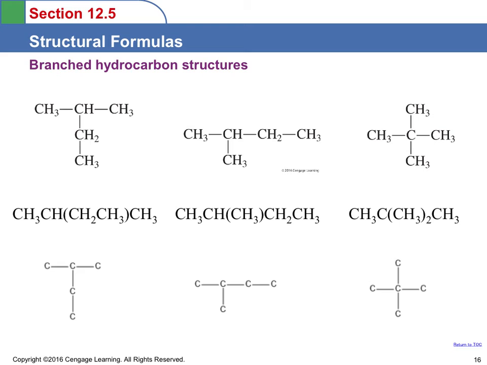In all of the examples we've looked at so far, we've looked at continuous chain hydrocarbons. However, things don't have to be in a linear chain. We can have branched hydrocarbons. So this is where we have groups of carbons and hydrogens branching off from a main structure. So instead of having 5 carbons straight across, in this case I've got 3 and 2 coming off the middle.